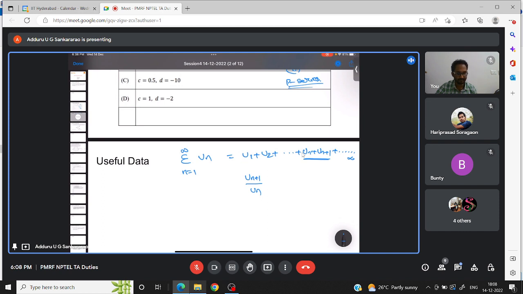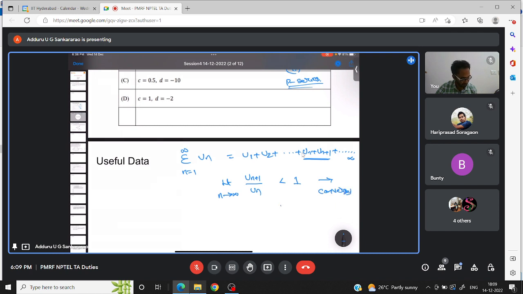If we take the limit as n tends to infinity of u of n plus 1 by u n, and if it is less than 1, then we can say it is converging.